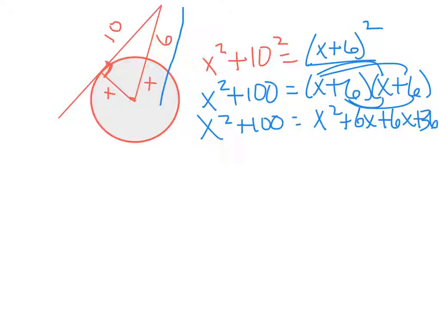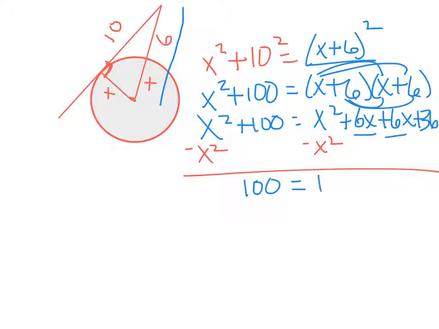So I'm going to kind of take two steps at once. Minus x squared minus x squared. 100 equals 12x plus 36, because our x's are going to cancel out and both x squareds are canceling out.